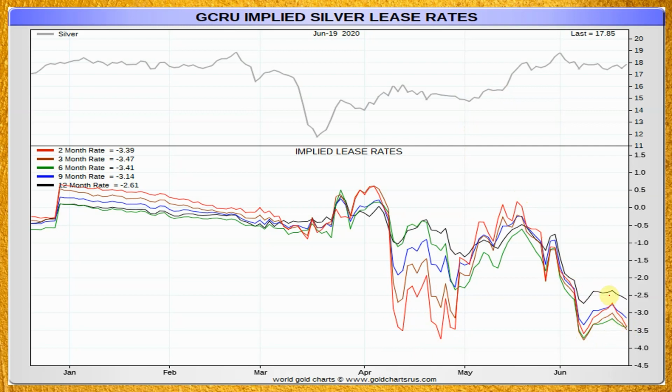So this looks quite different from what we're seeing in the gold lease rates. And again, if you look at the historical charts, it's very unusual for silver to be in this negative territory. I'm not sure what's going on here, but to me, this suggests that silver isn't behaving just as an industrial metal here. I'd be interested in hearing if anyone's got any interpretations of what's going on here. It's a very, very interesting phenomenon.